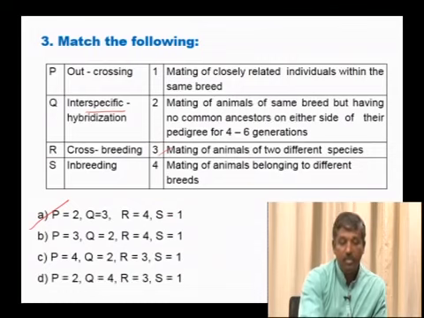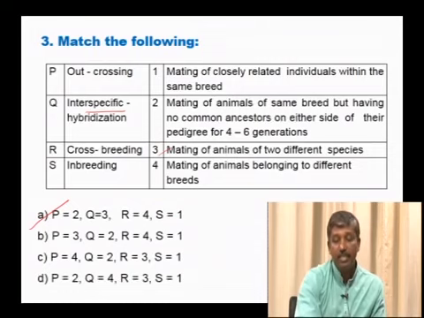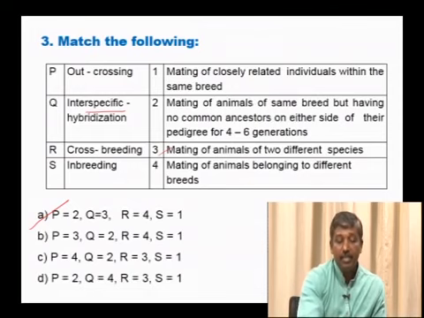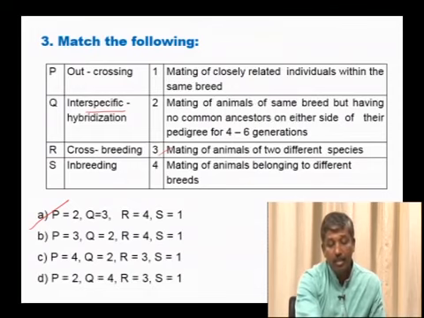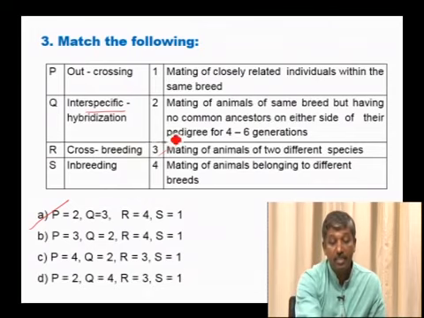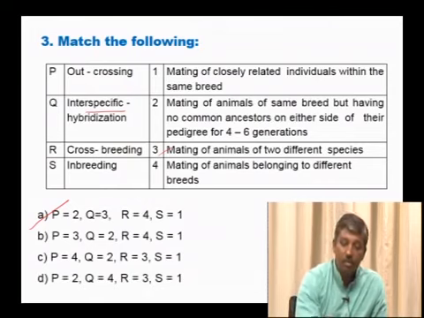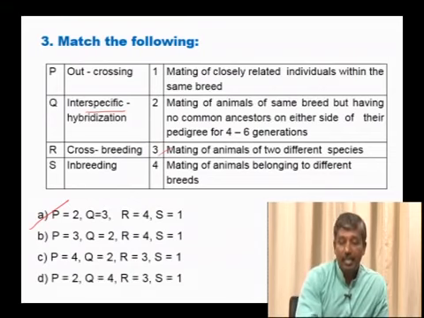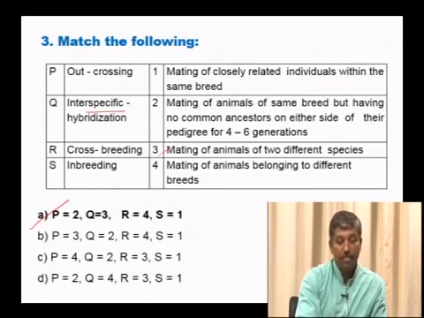Still, if you want to check, crossbreeding is the mating of animals belonging to different breeds, since it is a cross breed. Inbreeding is crossing two closely related individuals within the same breed. Hence the correct option is the first one.